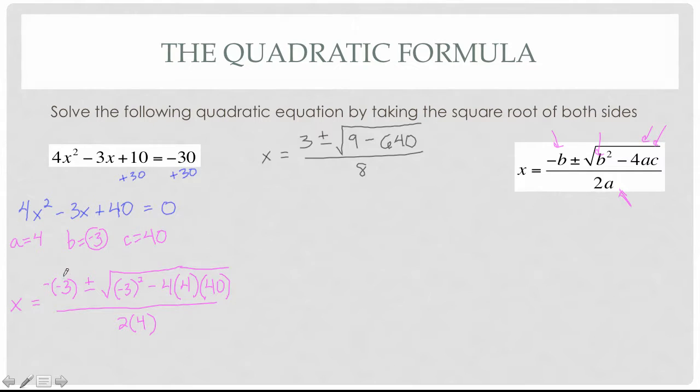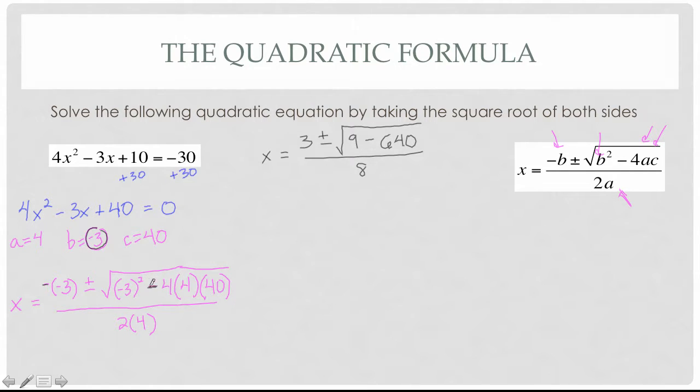Now, a couple of things. It's really easy for people to mistakenly miss the -b, so be careful. If your b value is already negative, then it should become a positive value in the formula. If your b is a positive value, then it becomes negative in the formula. The other thing students mess up a lot on is the stuff in between. Keep your subtraction clear, because a lot of times if there's a negative value in here at all, it turns into an addition.